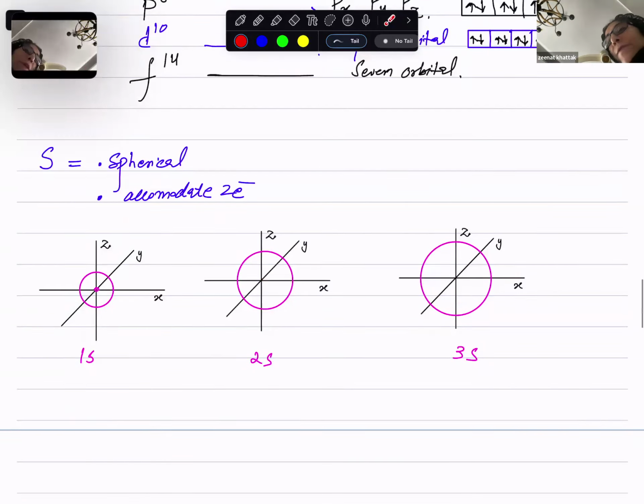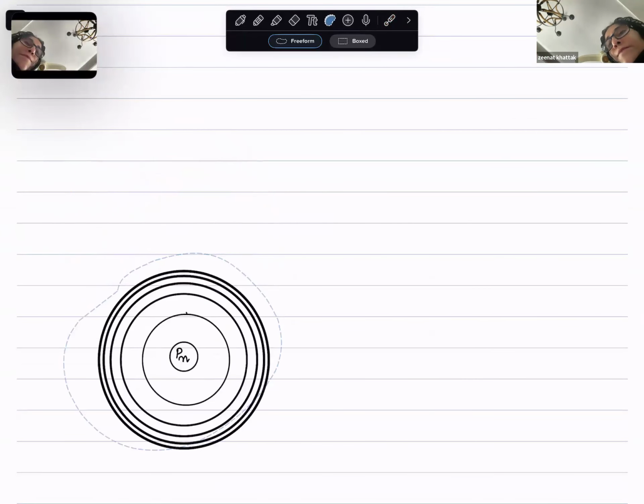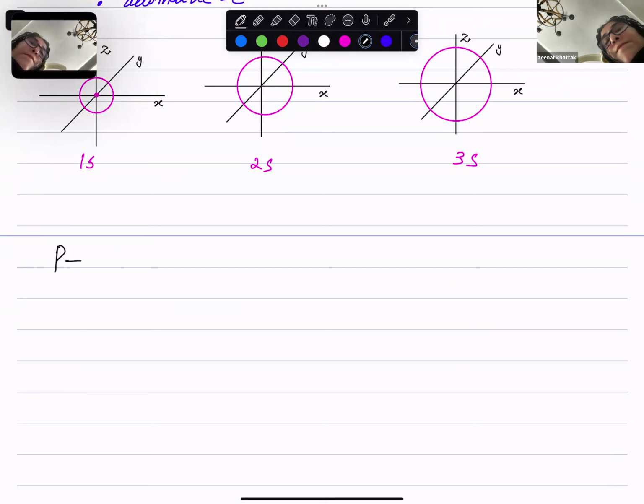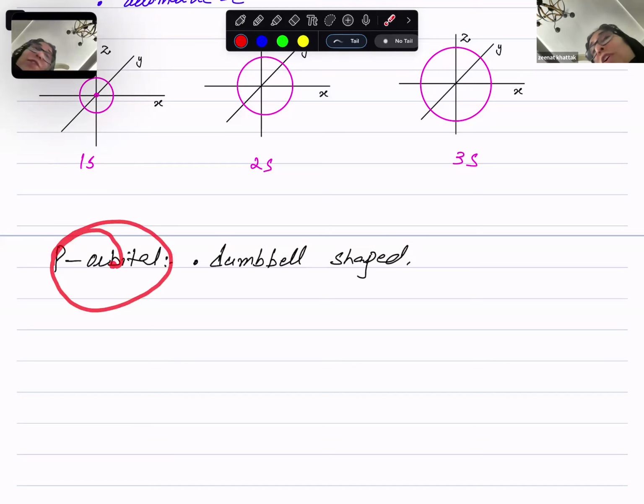Now, how is p? The p orbital is dumbbell shaped. You know, a dumbbell could be along the x-axis, y-axis, and z-axis. I'm using the word orbital, not subshell.